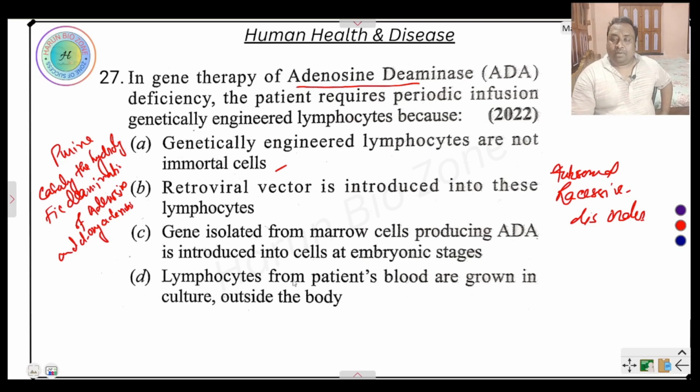So, in normal cases, periodic infusion of genetically engineered lymphocytes is needed. Here, what happened? Genetically engineered means normal lymphocyte cells are not immortal.